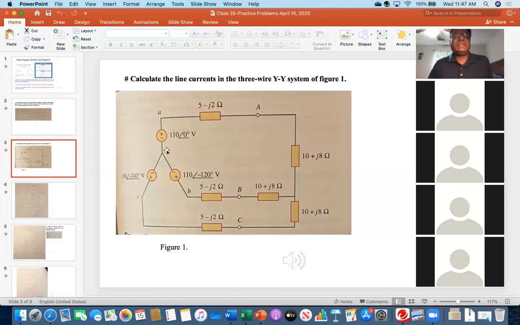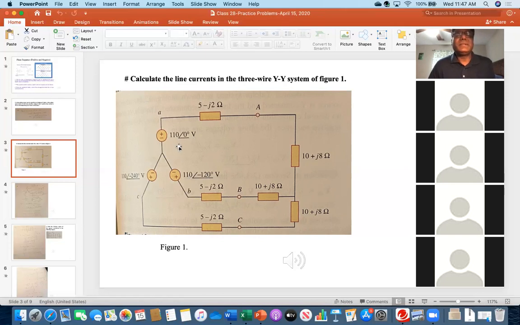So everybody see the diagram. On the left side, it is a Y-connected system. This represents a voltage source having 10 at 0 degree. Then the B phase is 10 at minus 120, and then the C phase is 10 at minus 240.